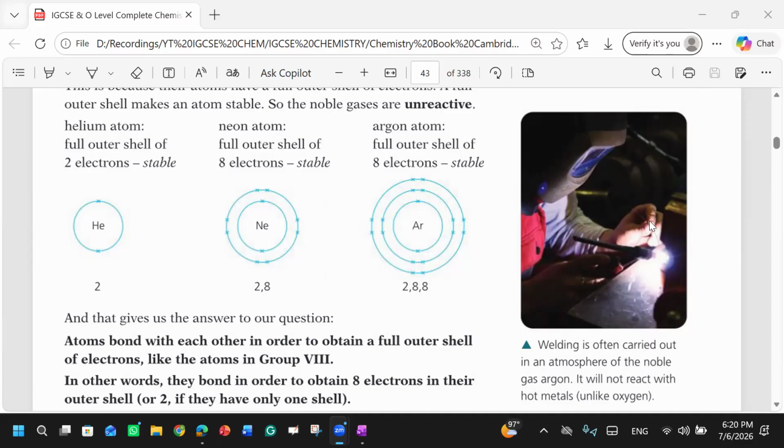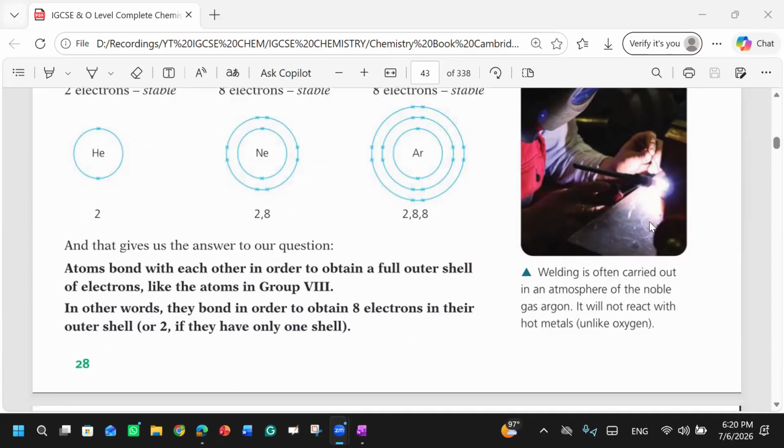So that's why they avoid oxygen for welding purposes. They are using argon. And why is argon beneficial? Because argon is a noble gas. It will not react with the metal. You get the difference between argon and oxygen. That's why they are not using oxygen, because oxygen can react with the metal, right?